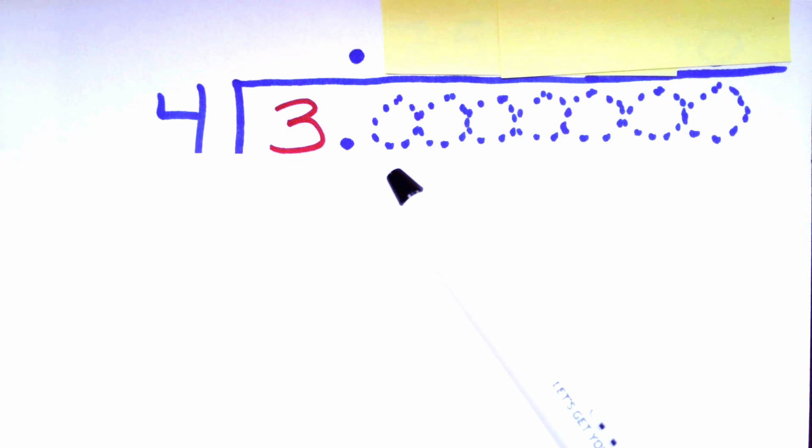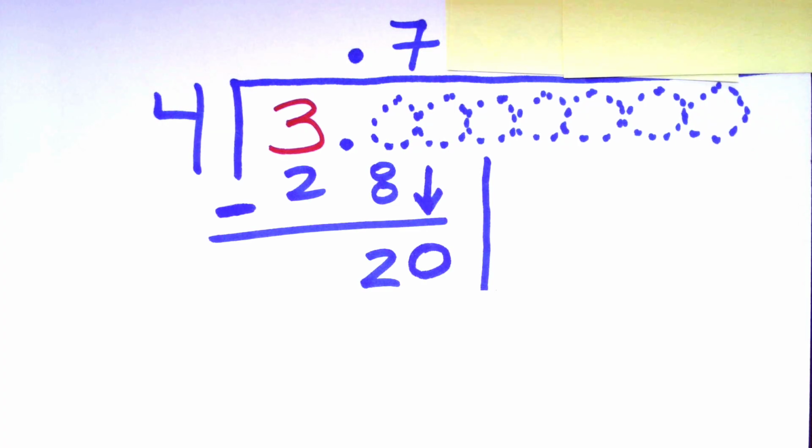So add 4 more, and that's 4 times 6, 24. Add 4 more, and that's 4 times 7, which would be 28. So 4 times what number gets me closest to 30 without going over? All right, so you said 7. You're absolutely correct. 4 times 7 gets me 28. That's closest to 30 without going over.